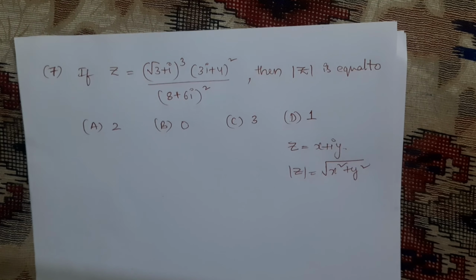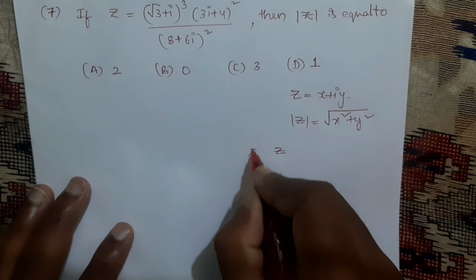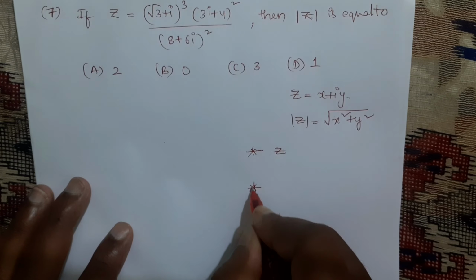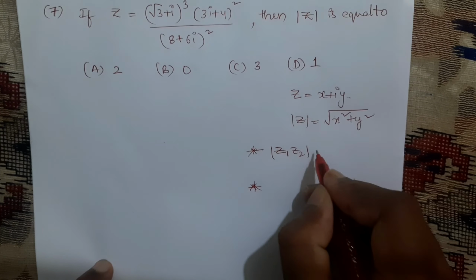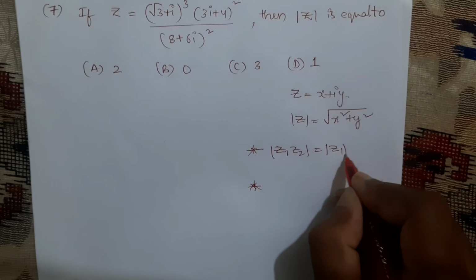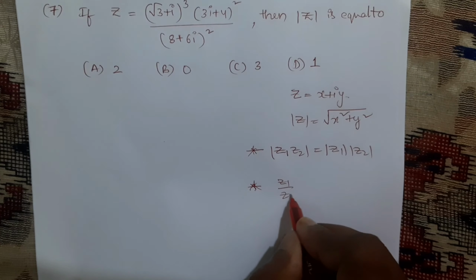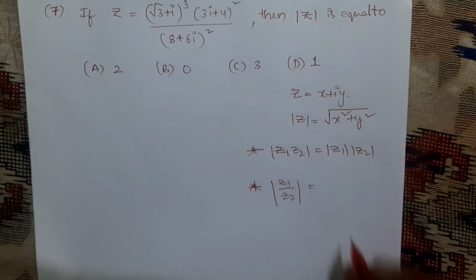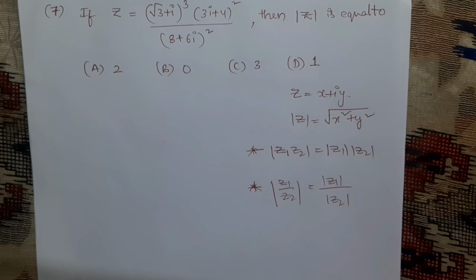Then how to solve these types of problems is, we have two properties for modulus of complex numbers, that is mod z1 z2, we can also write as mod z1 mod z2. And again modulus of z1 by z2 is mod z1 by mod z2. We can distribute like this.